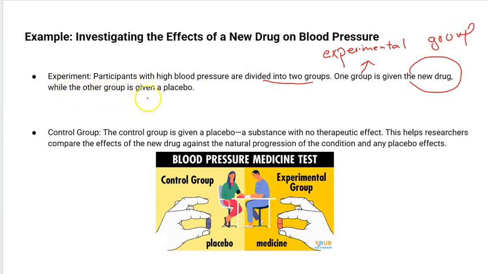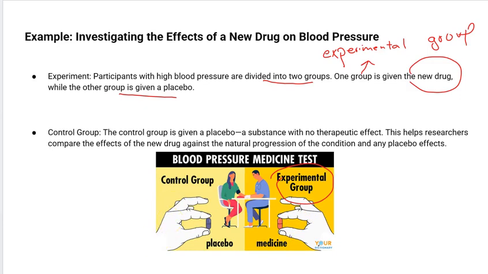The control group is given a placebo, which is a substance with no therapeutic effect. In this way, the researchers can compare the effect of the new drug against the natural progression of the condition and any placebo effect. So the experimental group would be the participants receiving the new medicine, and the control group is going to receive the placebo.